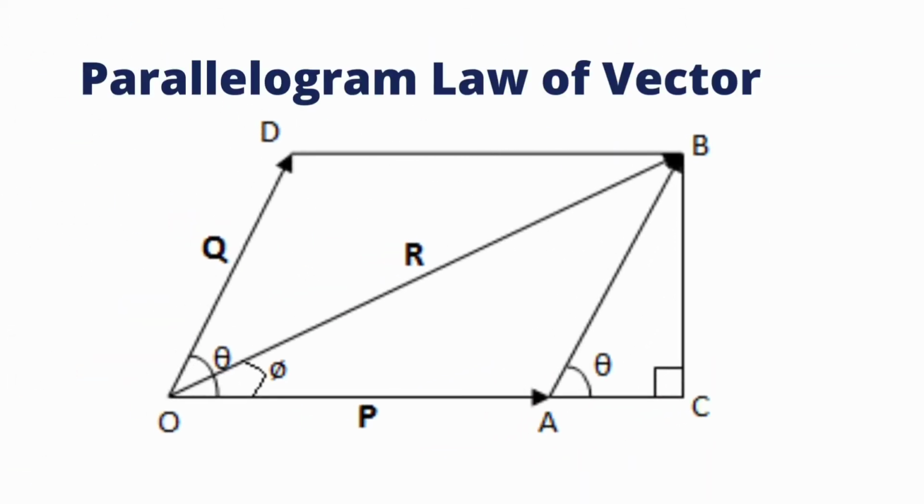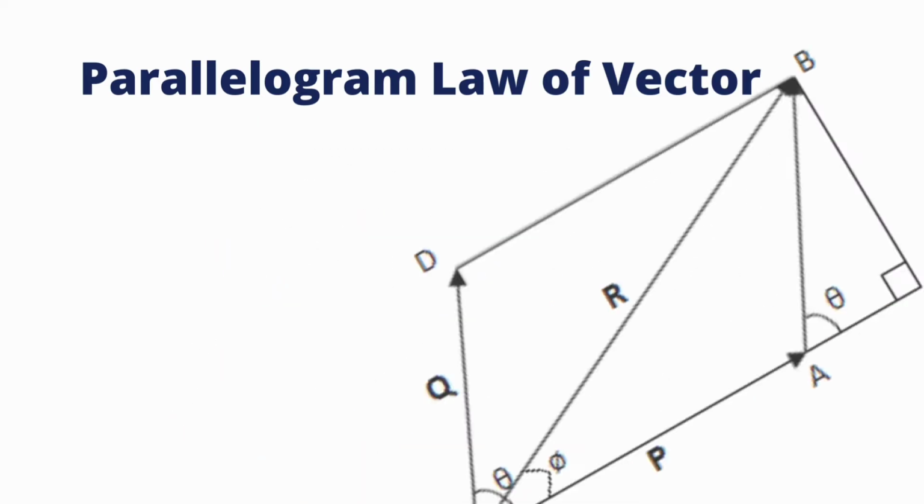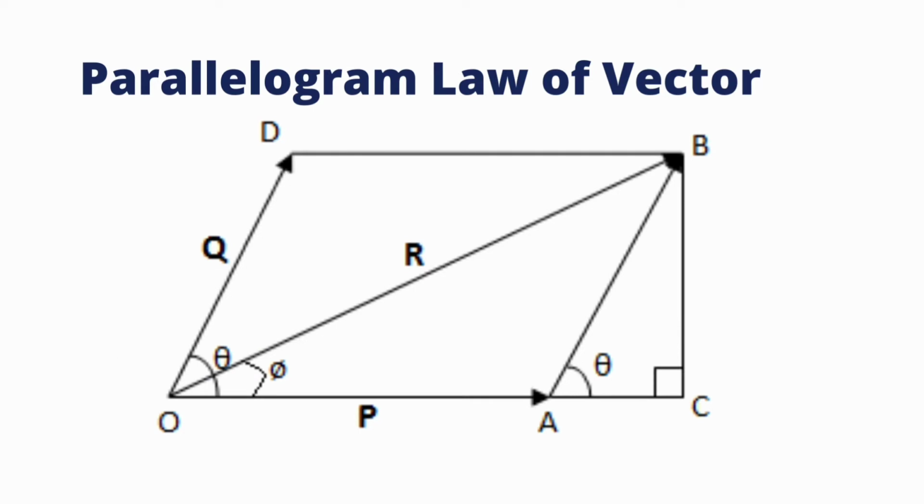Now let's consider this parallelogram. In this parallelogram, vector OA and vector OD both start from O, that is vector P and vector Q. Now, line OA is transferred to the end of line OD, which gives line DB.